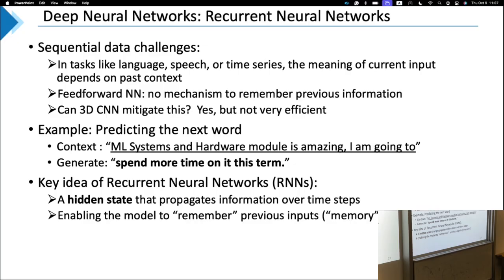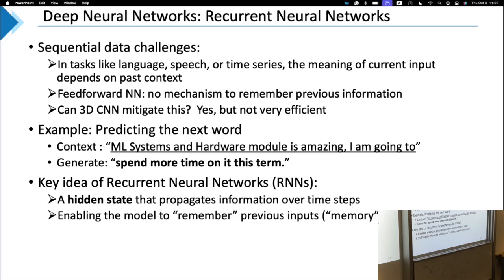For example, as I mentioned on Monday, we have the video understanding task. We need to extract the motion information from multiple image frames to do some action analysis.